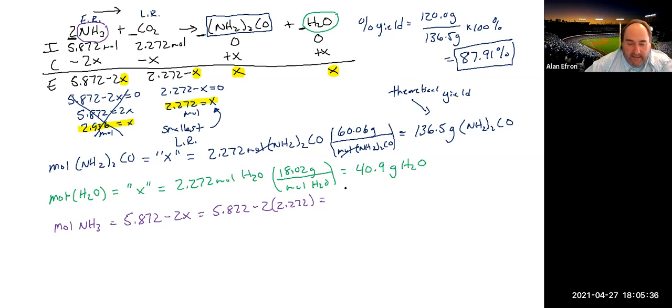We would have basically 1.328 moles of NH3 left over. Using the molar mass that we used at the beginning of the problem for NH3, which is 17.03 grams per mole, we would have about 22.6 grams of NH3 left over.